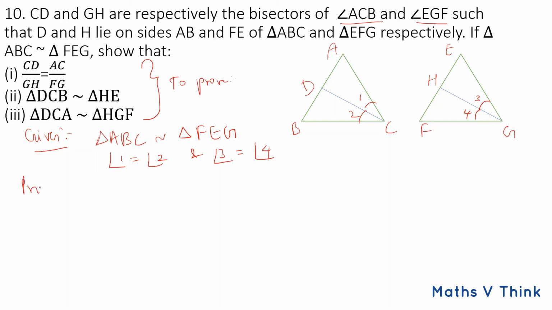Now the proof. First take the given part, that is triangle ABC is similar to triangle FEG. When two triangles are similar, can I tell their corresponding angles will be equal?